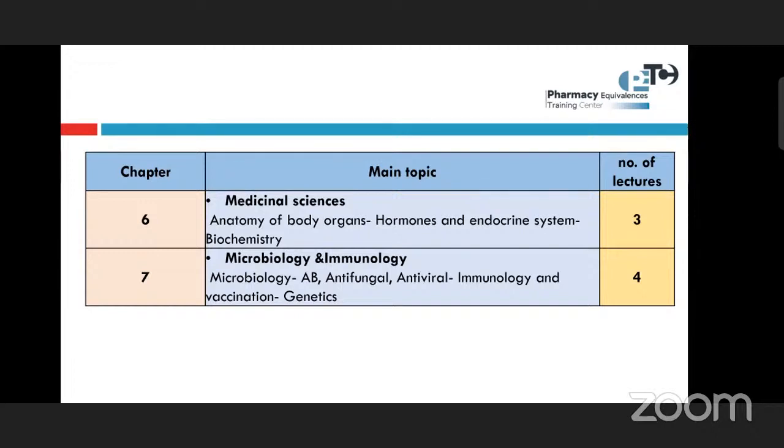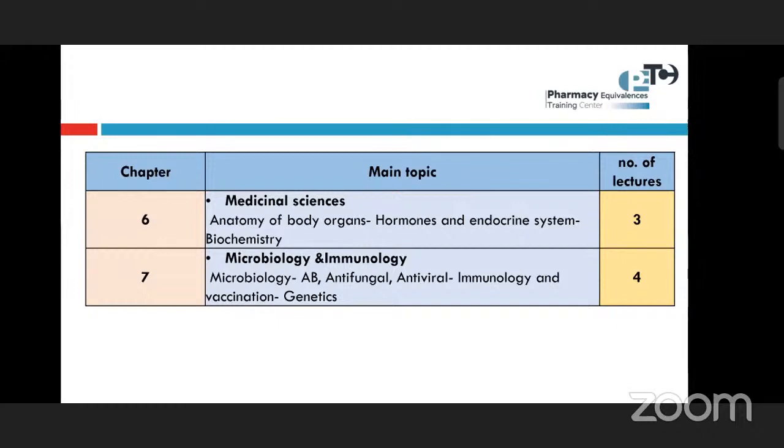We have here 4 lectures. The first one is for microbiology, and after this lecture, we will be able to answer the question of what is the causative organism of the following disease, or this organism will cause which disease.